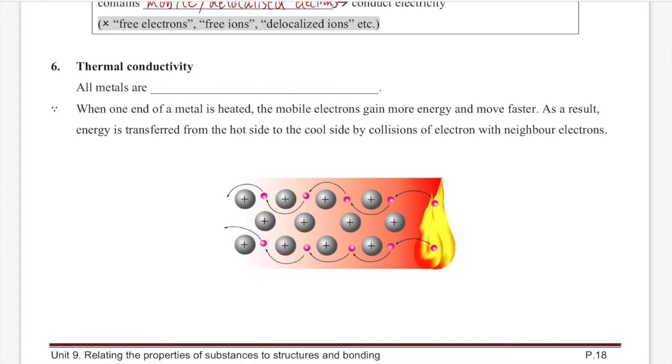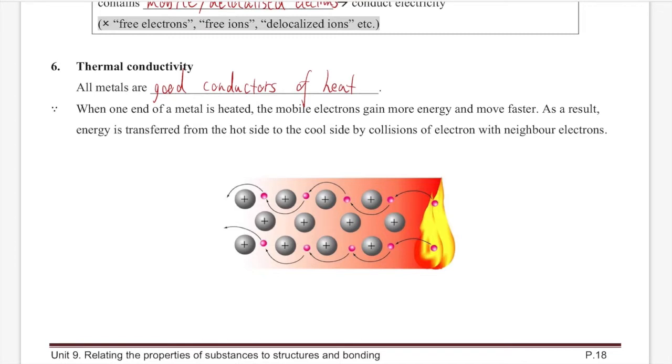Okay, so we say all metals are good conductors of heat. And again, we need to be able to explain it from the point of view of structure.